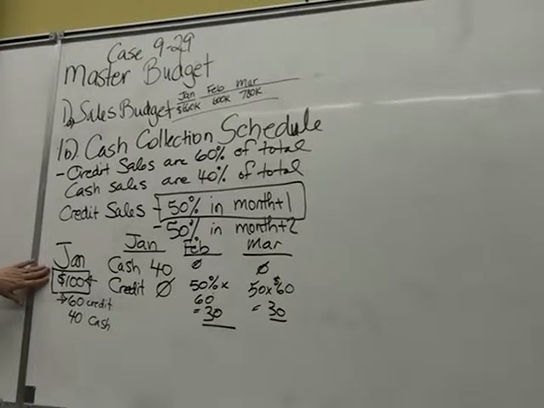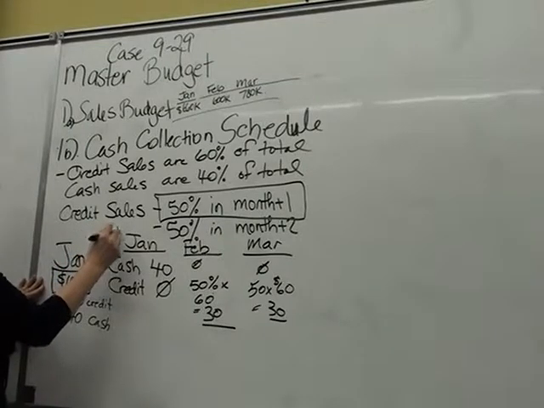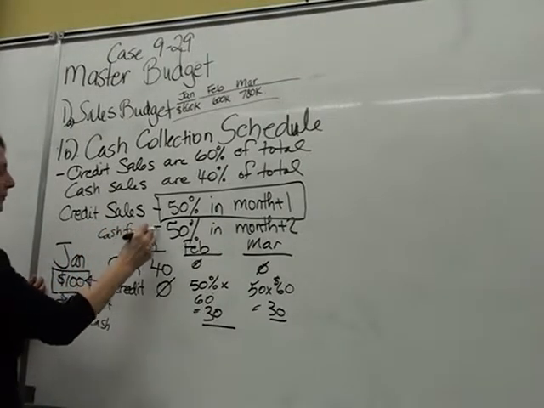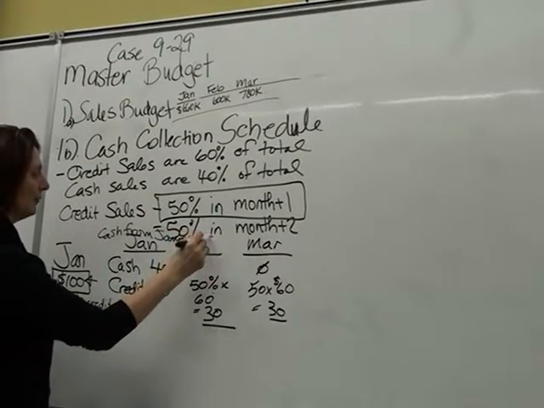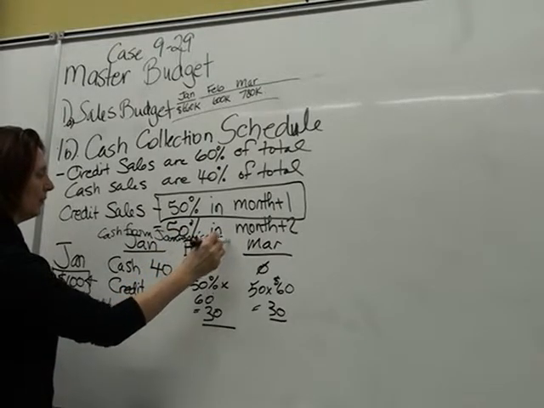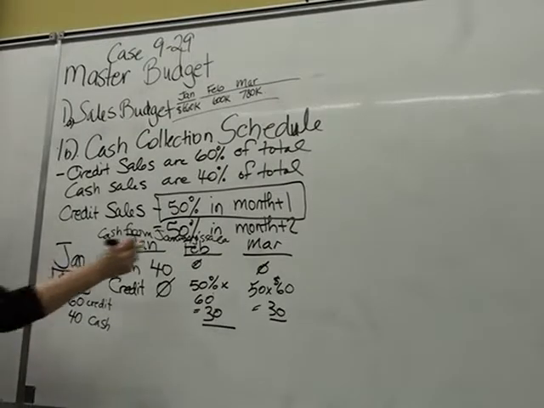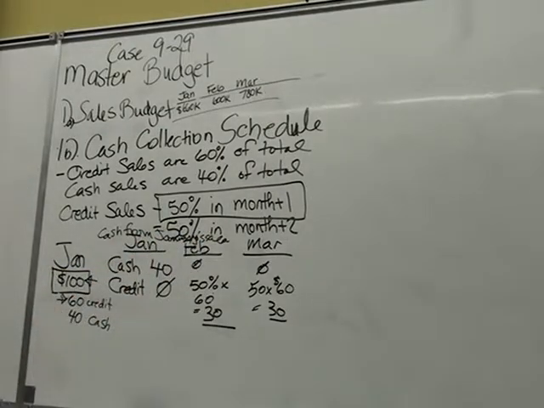Because I'm only talking about this $100 that we sold in January. This is only cash from January's sale.